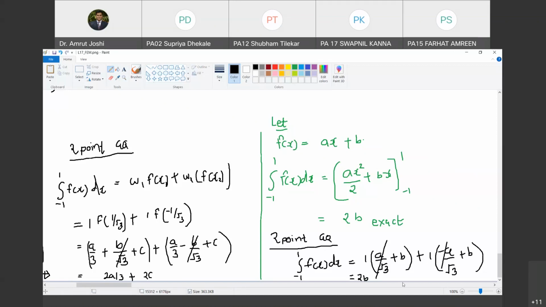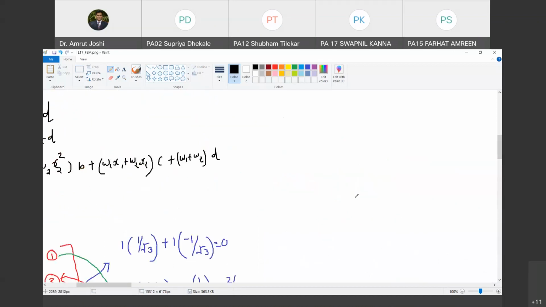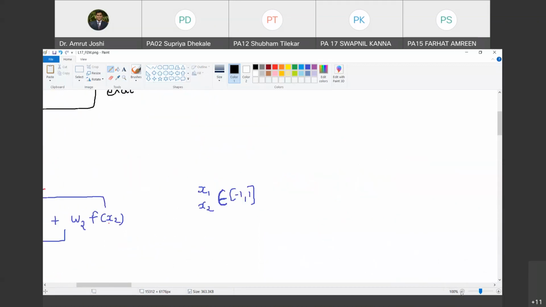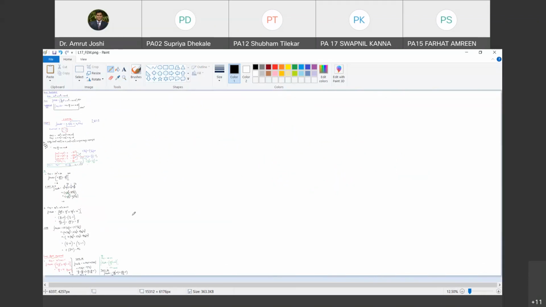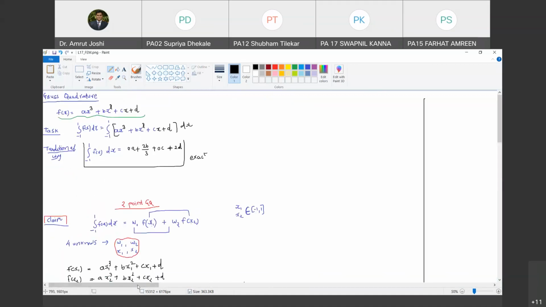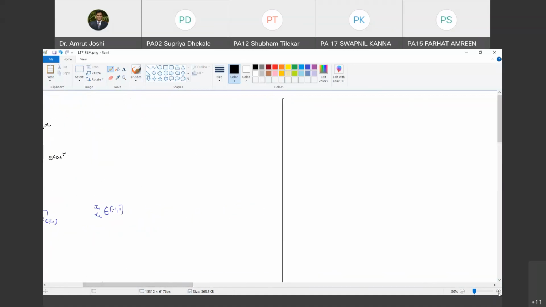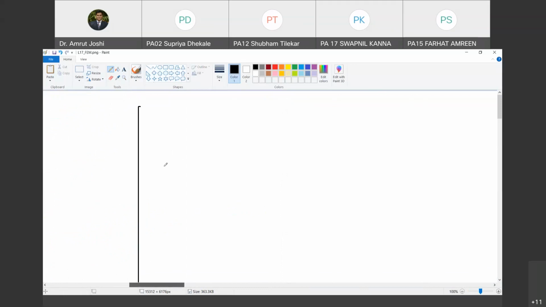Now let us look at higher order polynomials. What does higher mean? Higher than cubic. Are you with me? Yes, sir. So let us look at higher order polynomials.